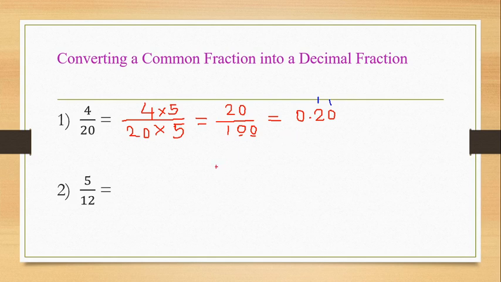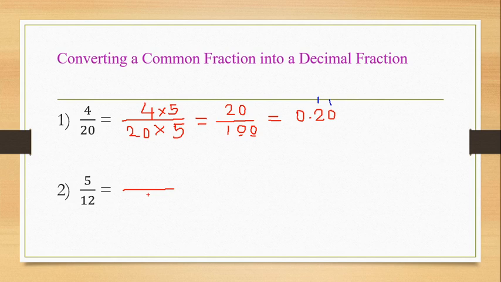Second example. The denominator is 12 here. This 12 has to be converted to either 10, 100, 1000, 10,000, and so on. So what can we do? This is a little bit complicated example.